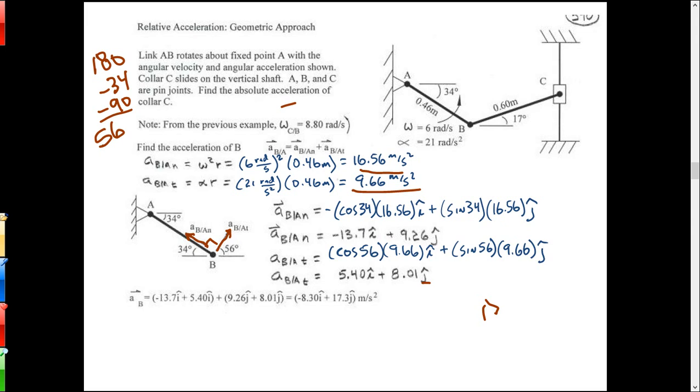Then you do the trigonometry and get the normal in vector form: minus cosine 34 times 16.56 i plus sine 34 times 16.56 j. And the tangential is cosine 56 times 9.66 i plus sine 56 times 9.66 j.